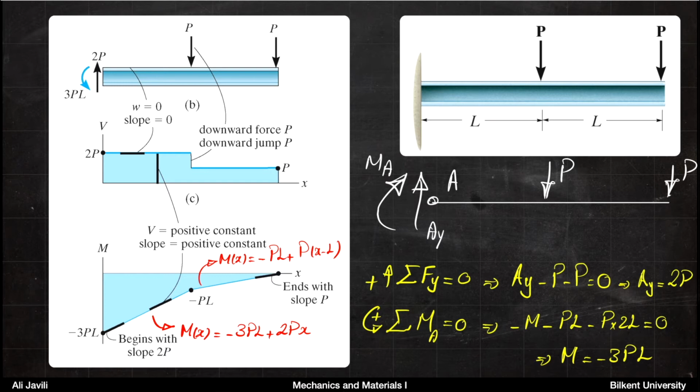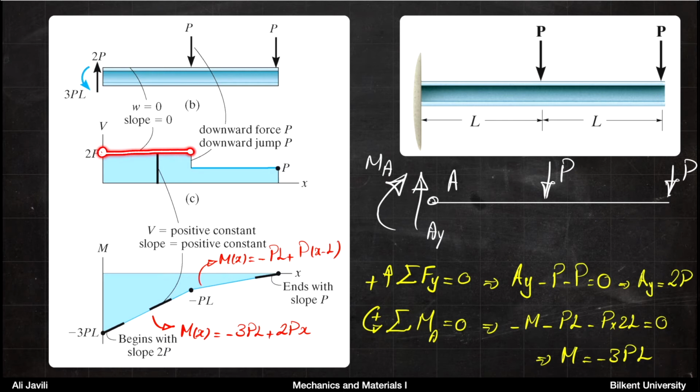So the slope of V would be 0. That means if V is 2P, which is the reaction at A, it has to remain constant with slope 0 until you reach the point where you apply a force P.